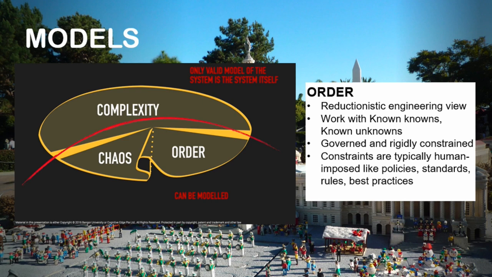We can create a model and break it down to show its parts, such as people, process, technology. An order system is governed and rigidly constrained in such a way that cause and effect relationships are either clear or found through analysis by experts. Constraints are typically human-imposed, like policies, standards, rules, and best practices.